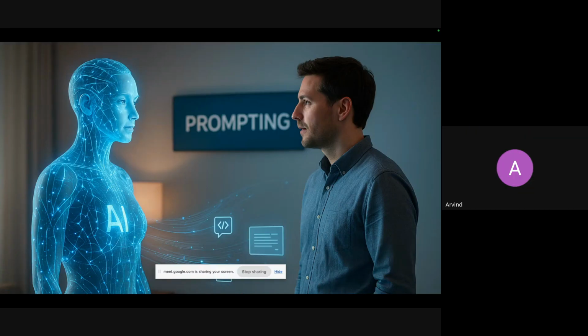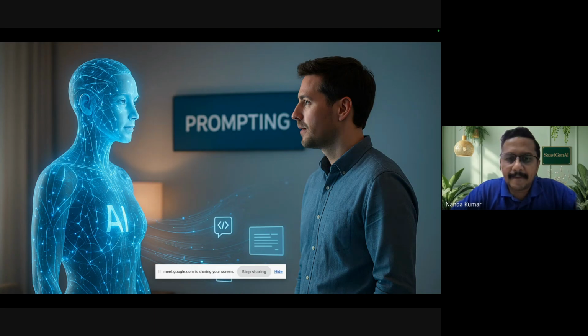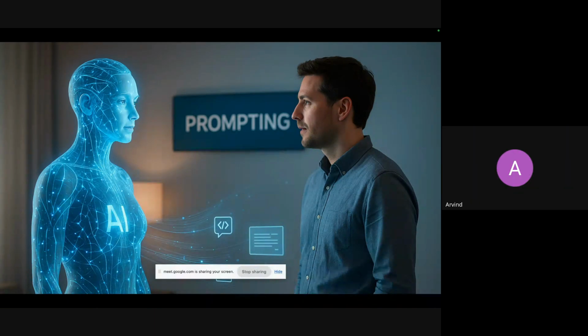Actually, what I think is that prompting means giving a particular kind of instruction to the AI, to let it know what we want it to perform, and to give us answers according to our suitability. Perfect, Arvind.